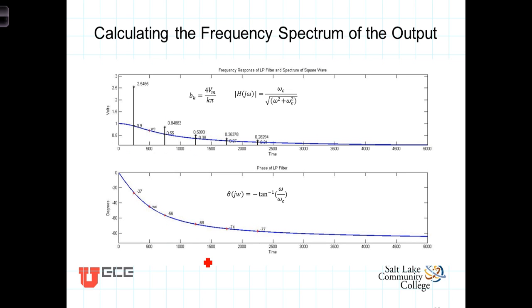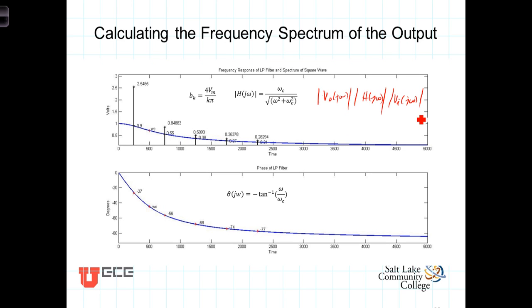Okay, let's recall what it is that we're doing. We want to calculate the spectrum of the output, for which we get the magnitude by multiplying the magnitude of the transfer function times the magnitude of the input spectrum. The magnitude of V out of j omega, that's the spectrum of the output, is going to equal the magnitude of H of j omega times the amplitude of the input spectrum.